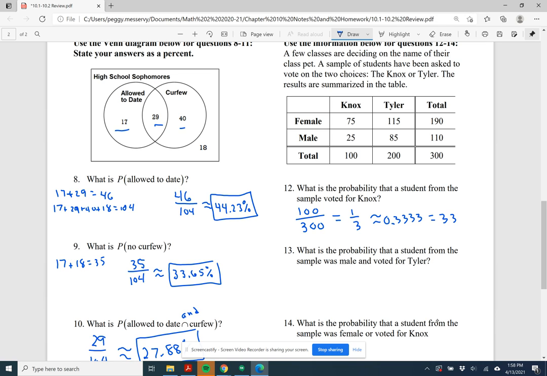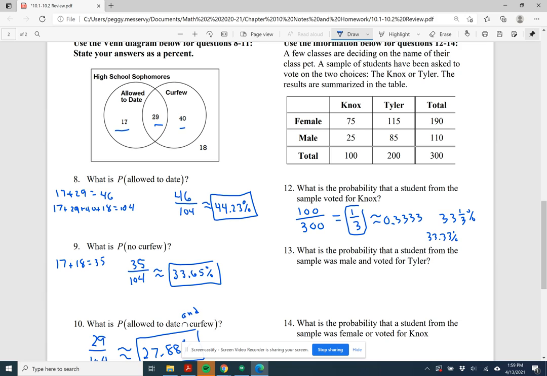So percentage-wise, it's 33.33%, or you could write it as 33 1/3% if you wanted to. Some people write it that way, or you could leave it as 33.33%. Either way. 33 1/3 or 33.33%.